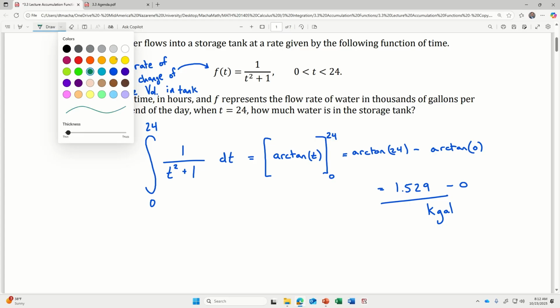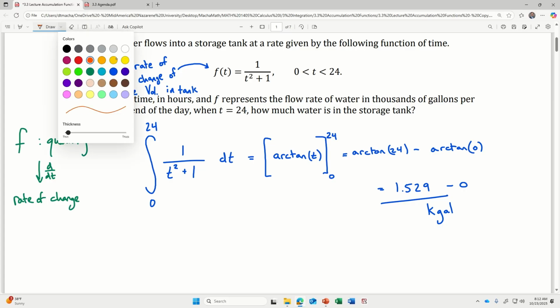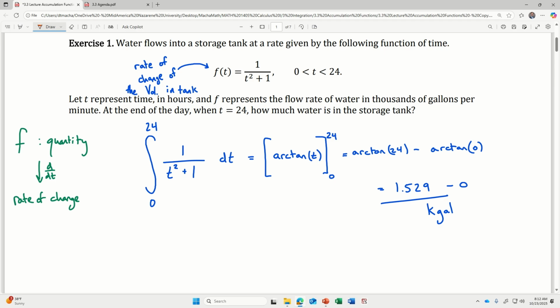But if I have some quantity and I take the derivative with respect to t, the derivative gives me a rate of change. That's what we defined as the derivative with respect to time. The derivative with respect to time is the rate of change.